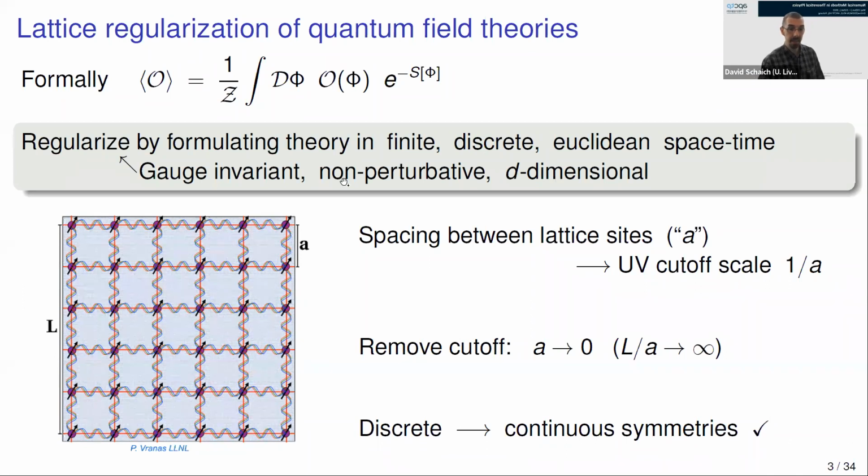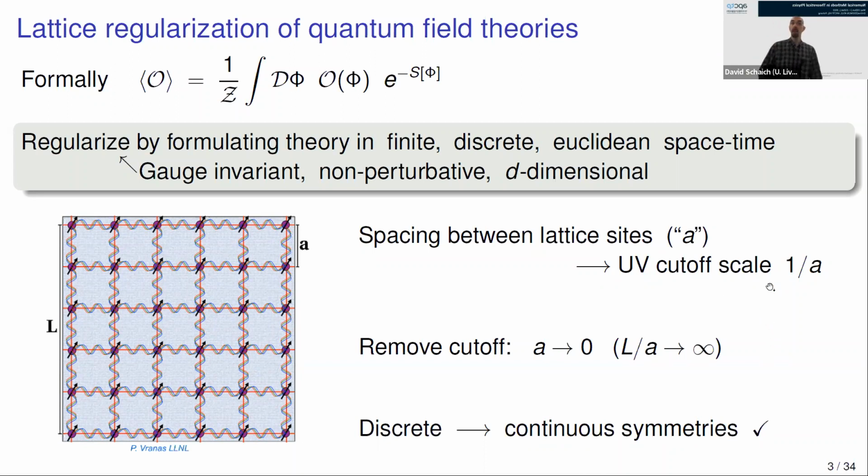So that's illustrated in this diagram here, where the small spacing a between those nearest neighbor lattice sites effectively introduces an ultraviolet cutoff scale, the highest possible energy, and that is proportional to the inverse of that distance, 1 over a.